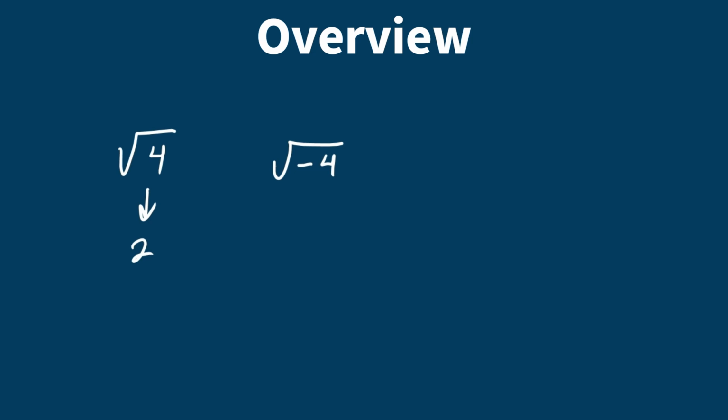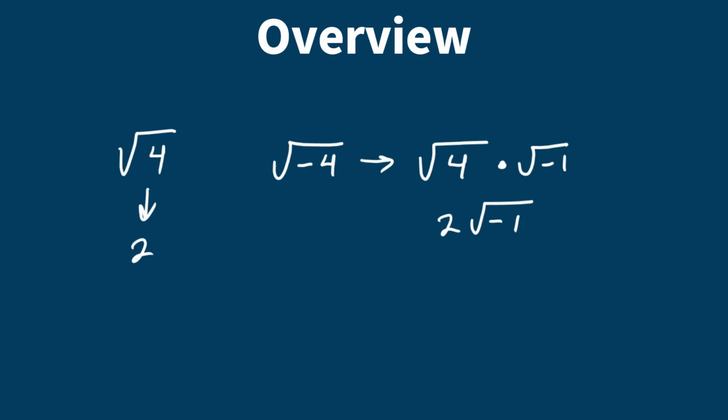So in this case, what we have to do is rewrite this as the square root of 4 times the square root of negative 1. Now what we have is the square root of 4, which is 2, times the square root of negative 1.